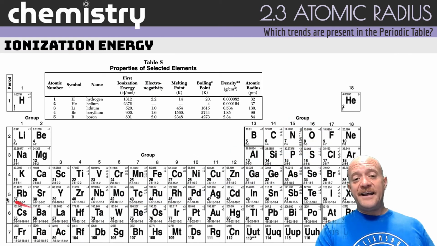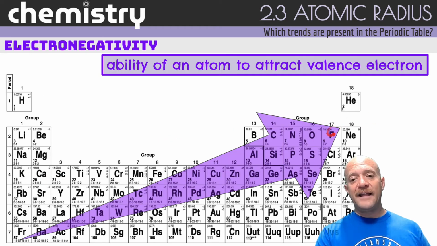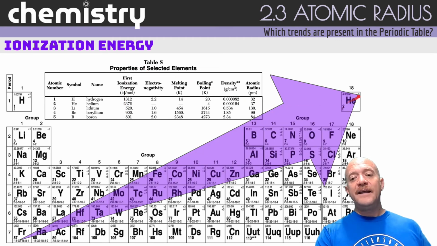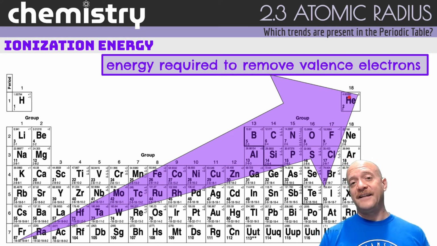So the ionization energy follows this same trend. If you're holding on to an electron or you're attracting an electron, it's going to take a lot of energy to get rid of that electron. The ionization energy is found in this column, and helium has the highest ionization energy, because ionization energy is the energy that's required to remove a valence electron.